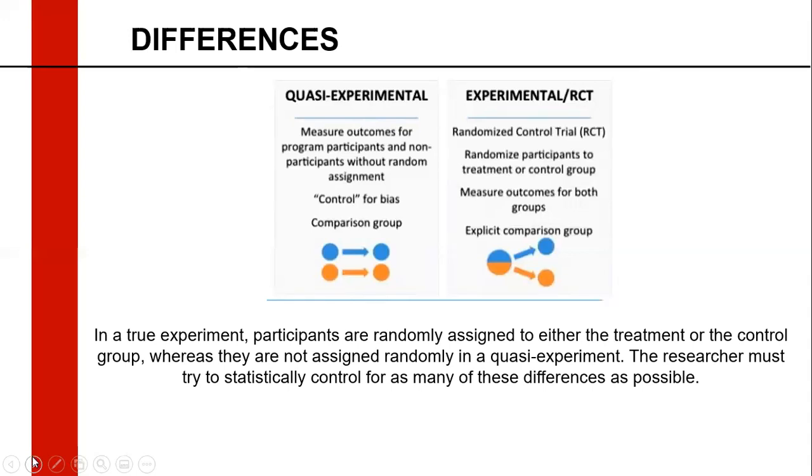It is also very important to choose the right method of evaluation for the program and population of interest. So if you can see here, it says that quasi-experimental has more of a control for bias, and an experimental RCT would measure the outcomes for both groups. And I guess that would be all.